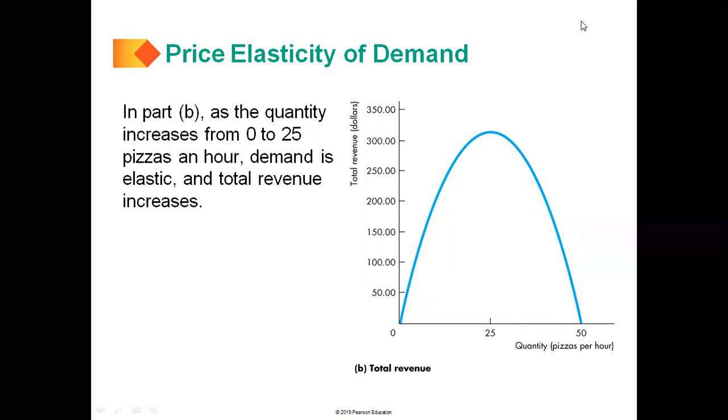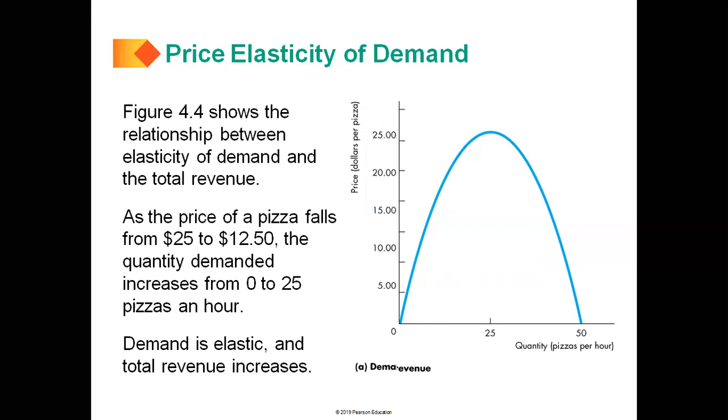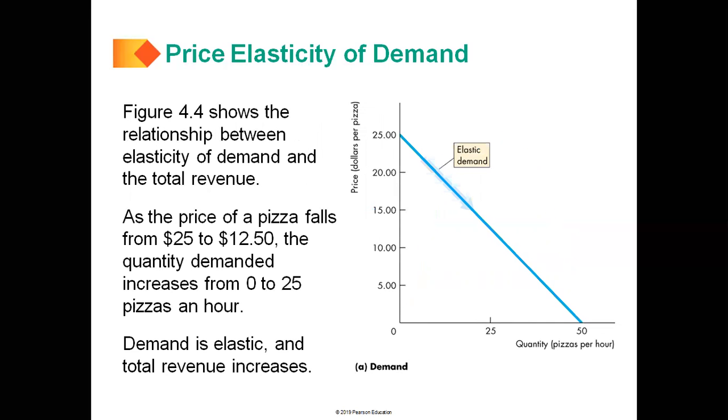And what they're trying to point out is that at the apex of that parabola, 25 pizzas, total revenue has peaked. And now, as you increase quantity, you'll be moving into the inelastic side of the curve, and total revenue will be falling. So just remember, this is just a graphic representation of the mathematics we saw over here. All we're doing is plotting a number of points.